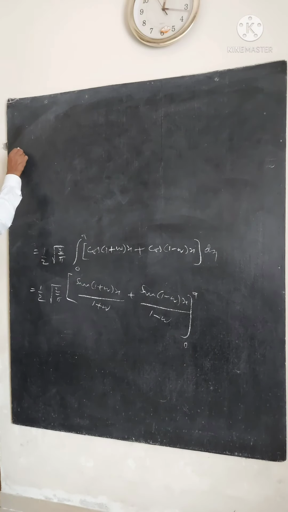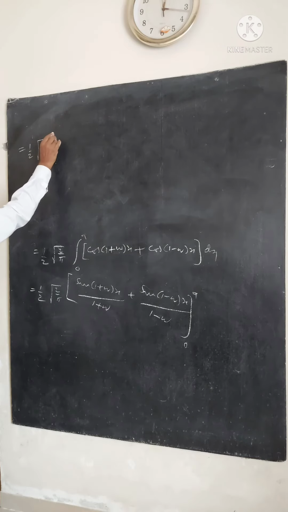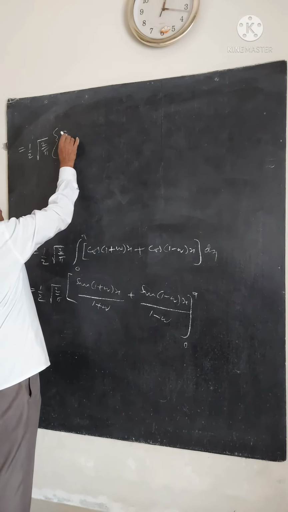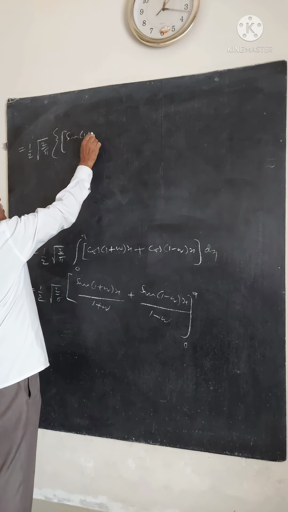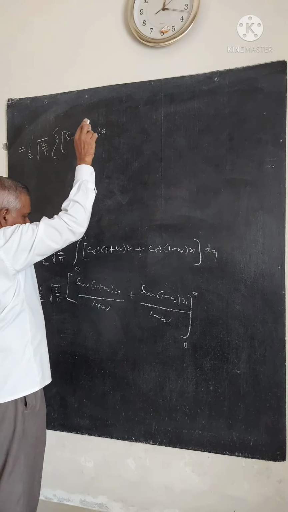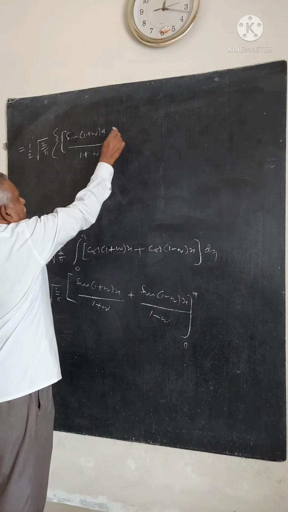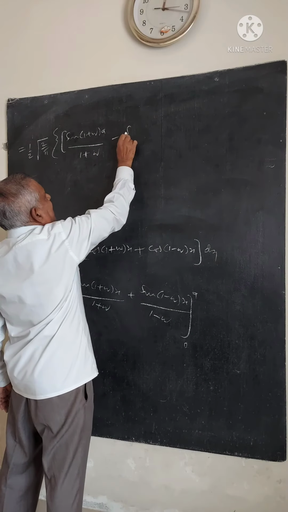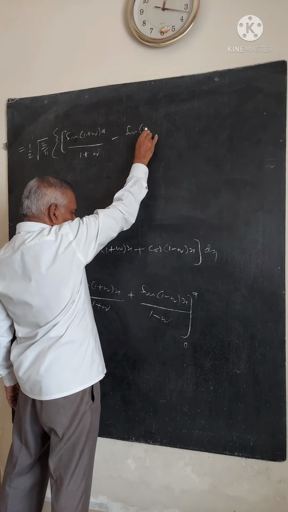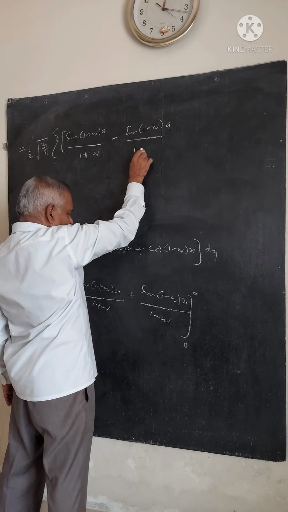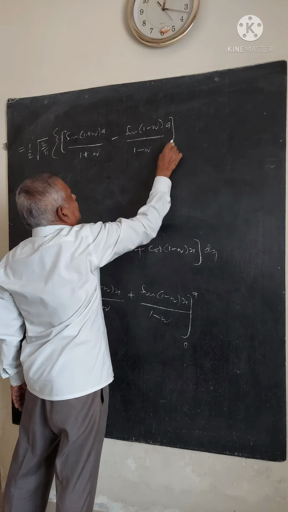Applying the upper and lower limits: 1 by 2 root of 2 by pi, bracket sin (1 plus omega) a by (1 plus omega) plus sin (1 minus omega) a by (1 minus omega).